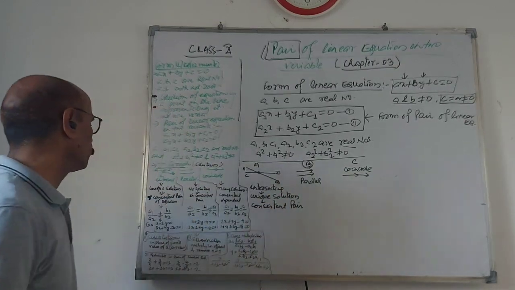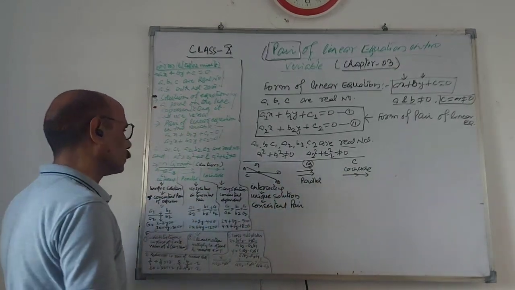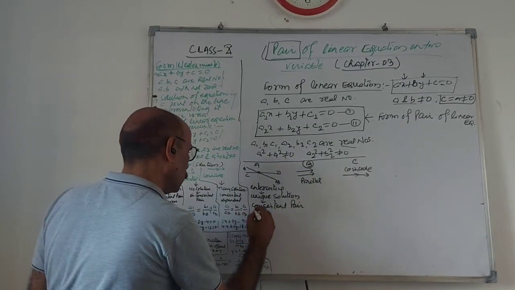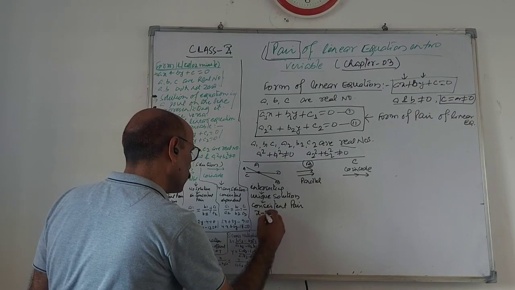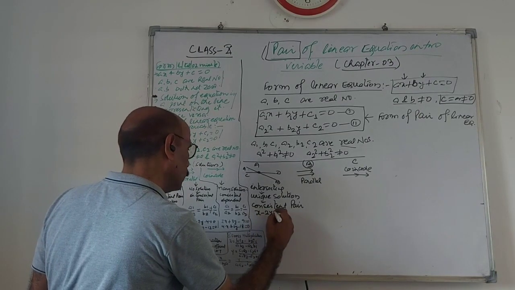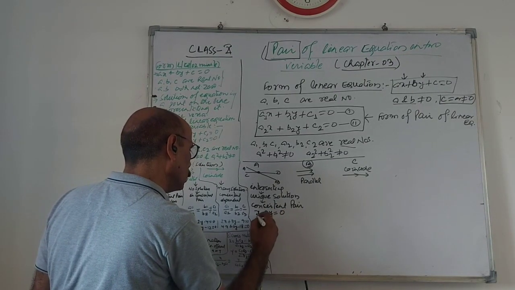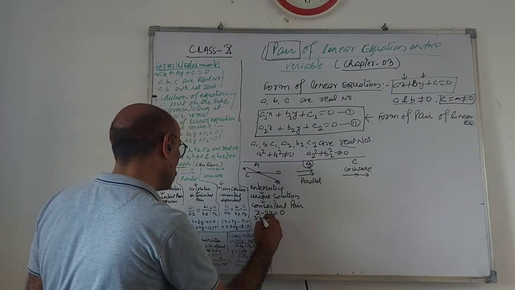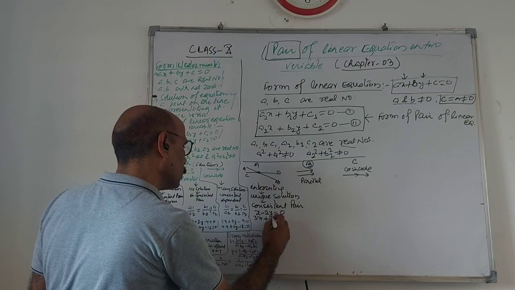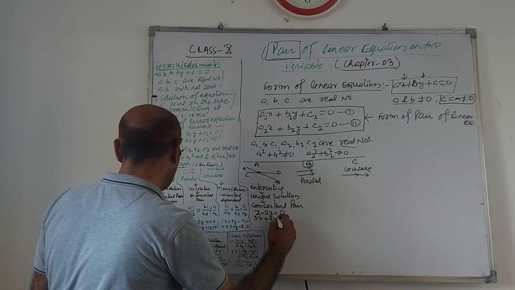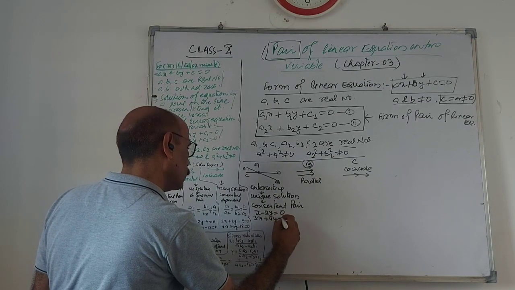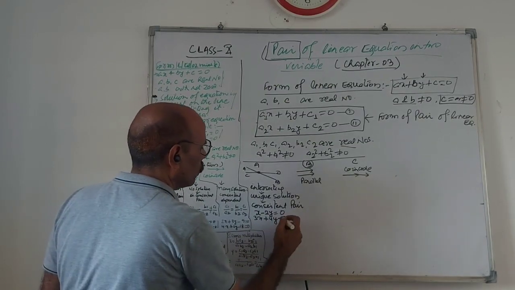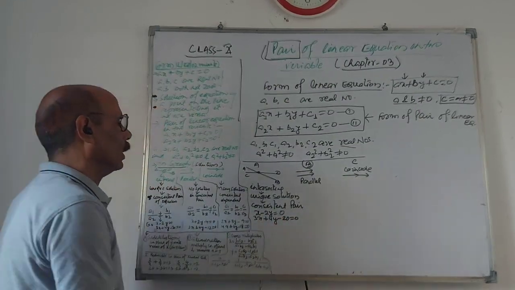For example, suppose one equation is x minus 2y is equal to 0 and another is 3x plus 4y minus 20 is equal to 0. Suppose two equations are like this.